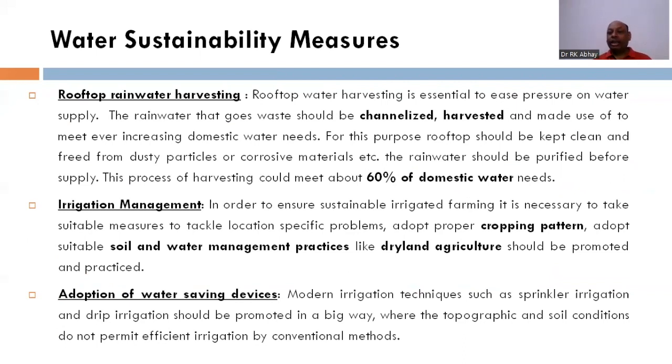The rooftop should be kept clean and free from dusty particles, so that the water is purified before it gets supplied. It is said this type of water harvesting could meet about 60% of water requirements.